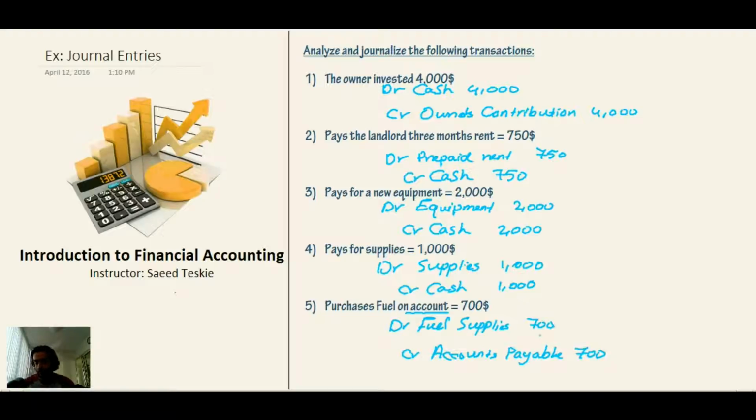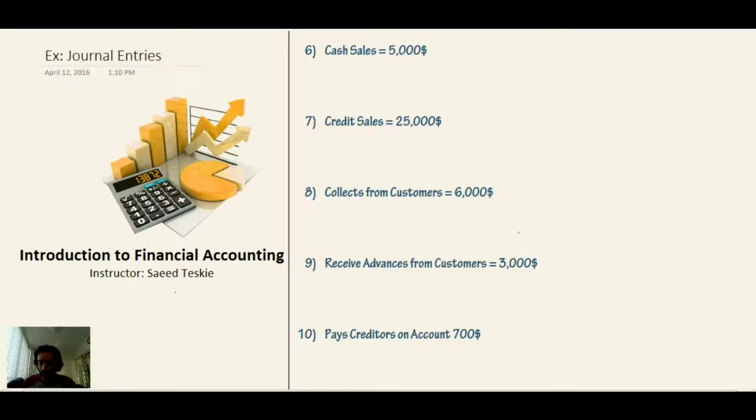Okay, let's continue. Here, cash sales. We made cash sales, so because we received money in cash, we will debit cash for 5,000, and we will credit sales for 5,000.